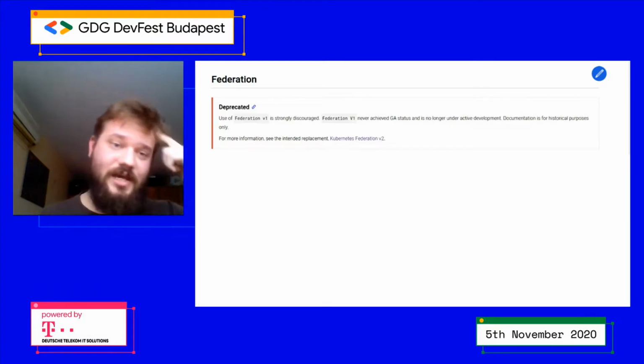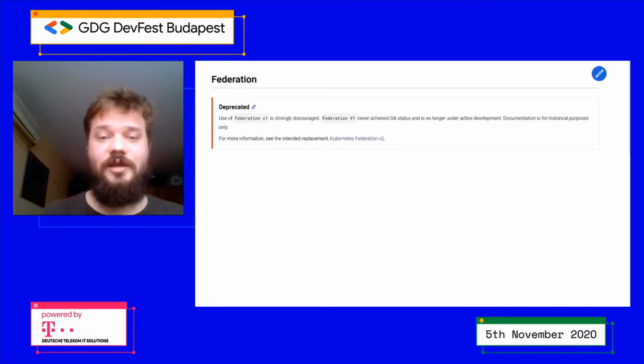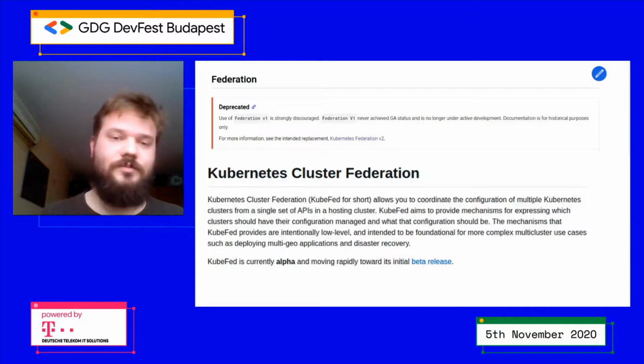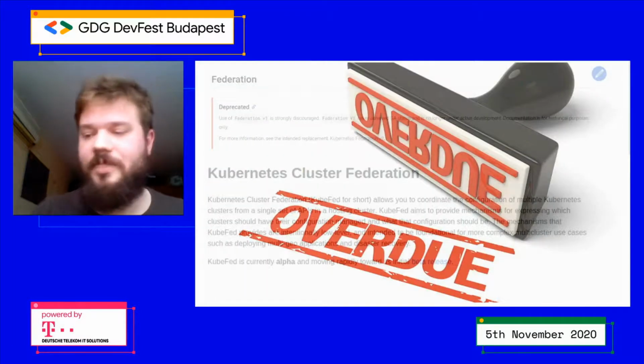Well, yeah, it does, but there is a Federation V1 API which is strongly discouraged. But hey, Kubernetes Federation V2 is on the way. Yeah, well, it's still in alpha at the time when we were talking about this, but it's moving rapidly towards its beta release. Maybe it's going to come out in time.